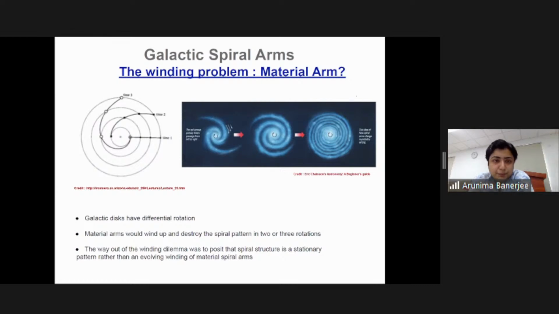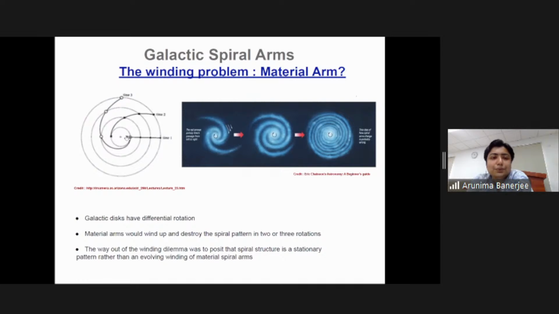What is the winding problem? Let us understand this. Suppose I have a differentially rotating disk, which is my galactic disk here, and as I move outward, my angular speed falls off with radius. So this annulus rotates at a slower speed compared to this annulus.